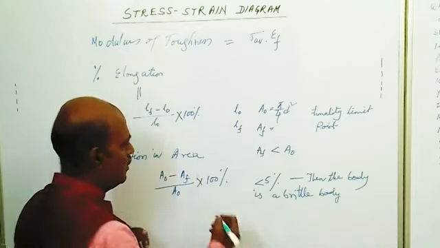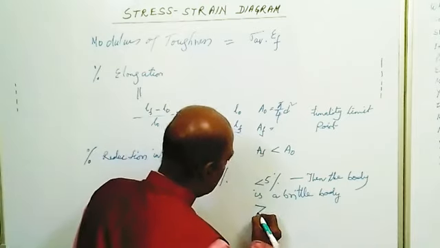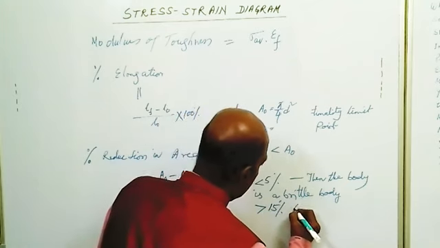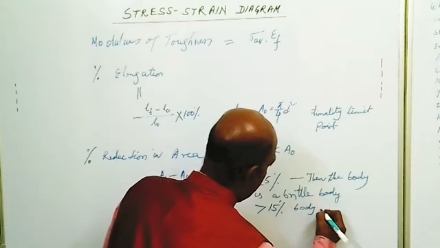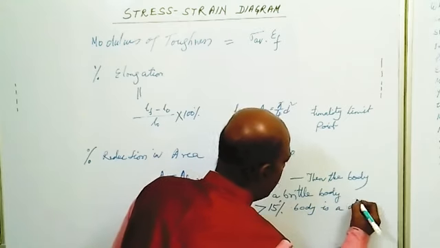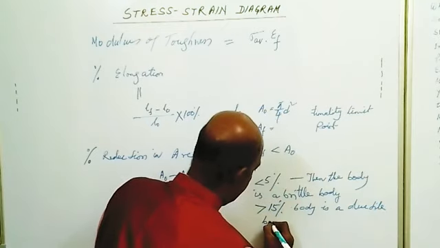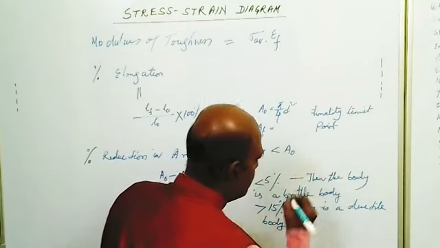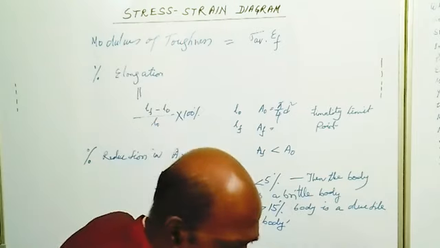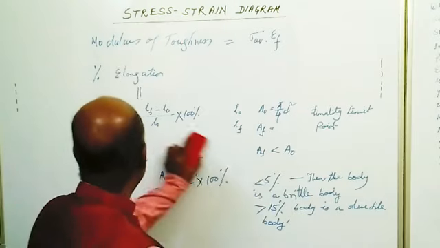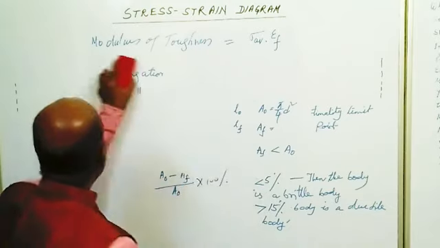And if the percentage of elongation is more than 15%, then the body is a ductile body. Now one more definition, we will see what is called the stiffness of a body.